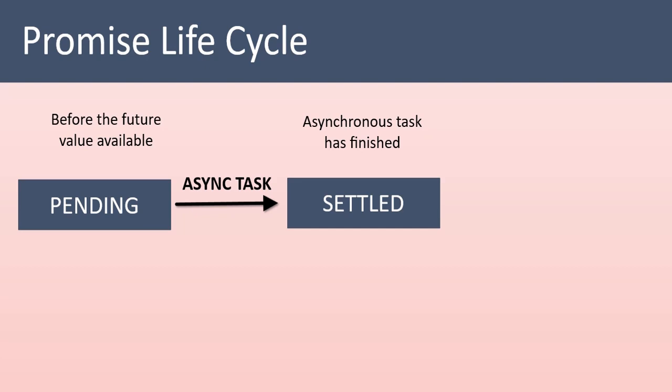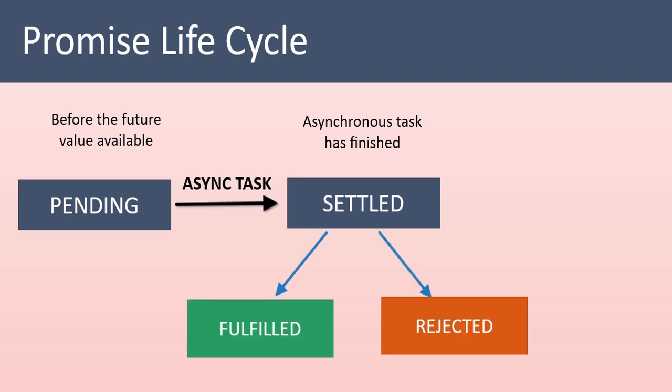There are two kinds of settled promises: fulfilled promises and rejected promises. A fulfilled promise means the asynchronous operation resulted in the value that you expected, and a rejected promise means there is an error due to a network issue or being offline.